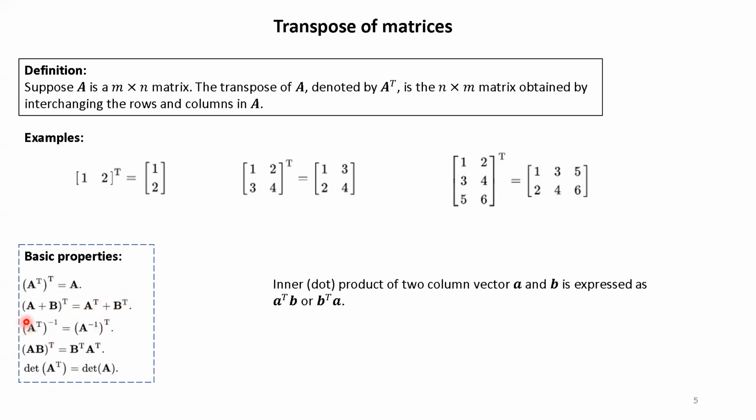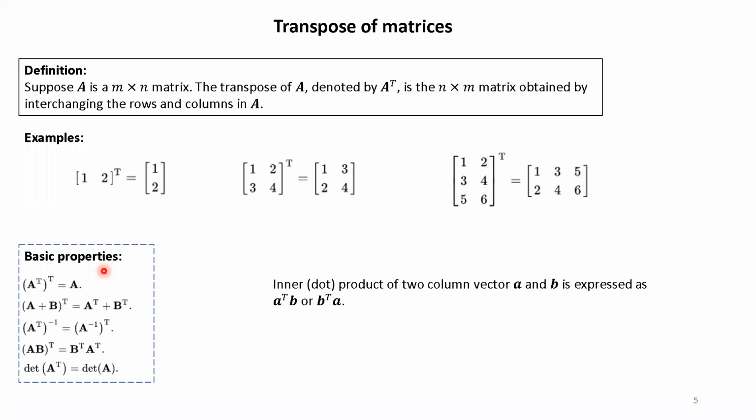Also, the inverse of the transpose matrix is the same as taking the inverse first and then the transpose. And one more, which we'll actually use: if you take the product of matrices and then take the transpose, it equals the second matrix transpose times the first matrix transpose. These are the basic properties of the transpose of a matrix.